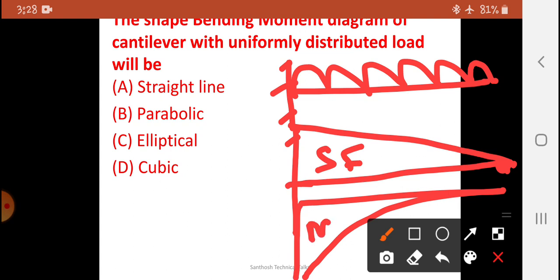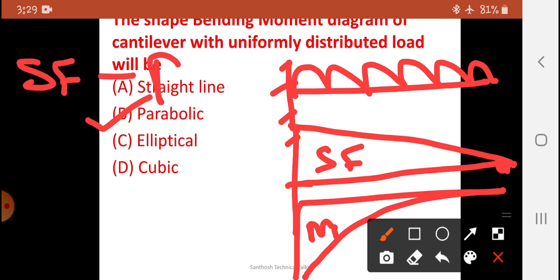The bending moment is in the negative direction, whereas the shear force is in the positive direction. Therefore, the shape of the bending moment diagram of a cantilever beam with uniformly distributed load will be parabolic. In a beam, if the shear force is rectangular, the bending moment is triangle.